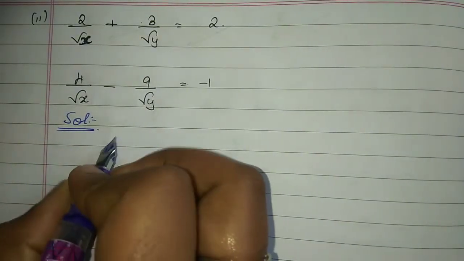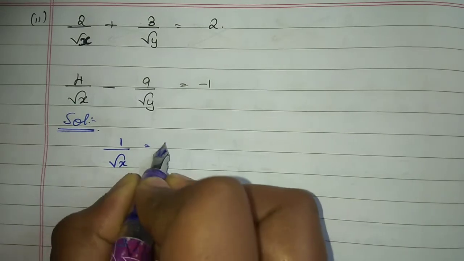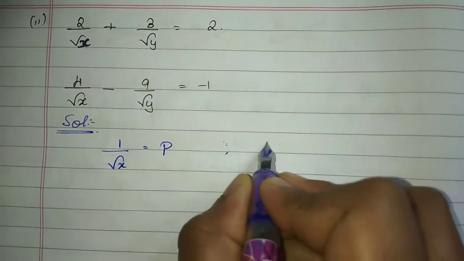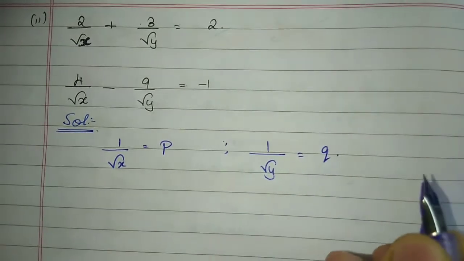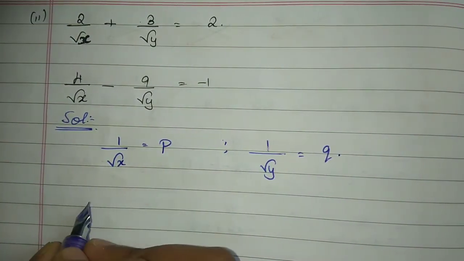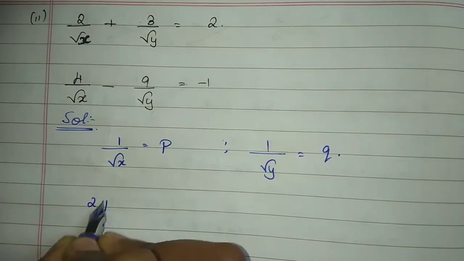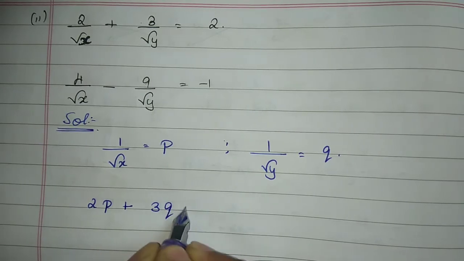So I will take 1 by root x is equal to P and 1 by root y is equal to Q. So I will be substituting in the equation. So my 2 into 1 by root x will become 2p plus 3 by root y will become 3q is equal to 2.